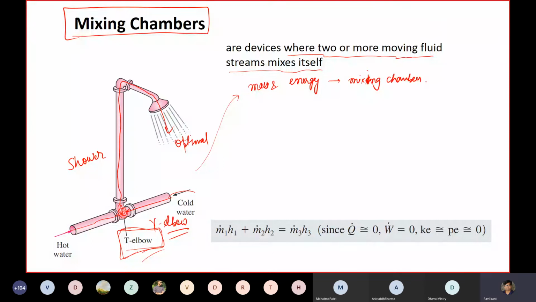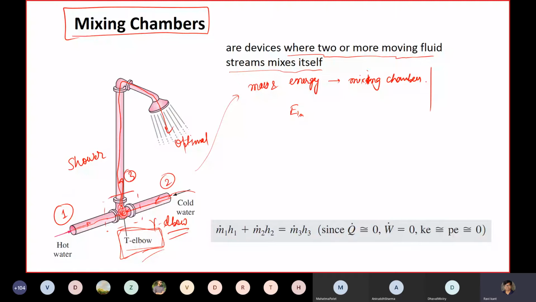Okay, so first, mass is always conserved. Let's suppose this is your one inlet, two is also an inlet, and this is your three, which is the outlet.